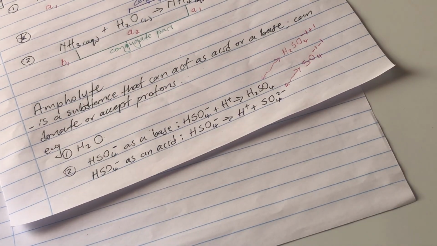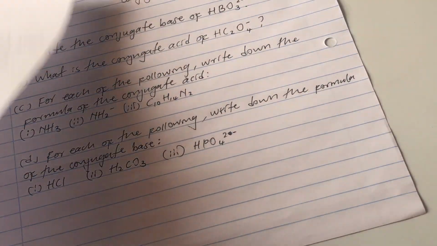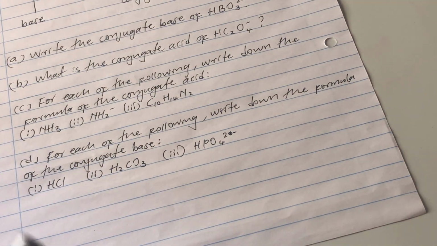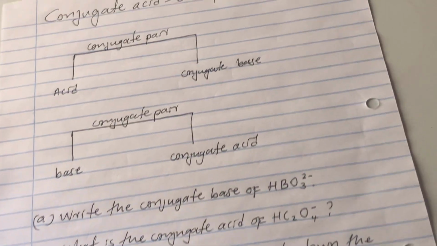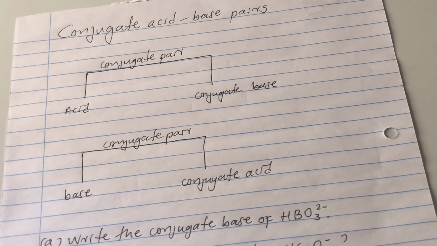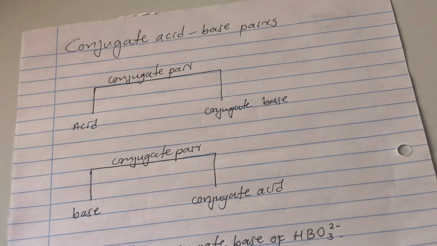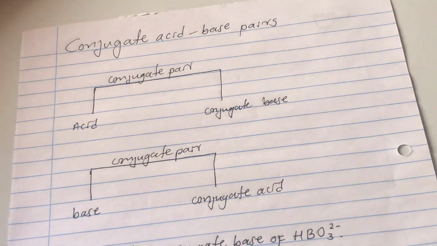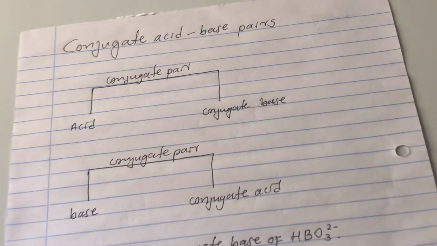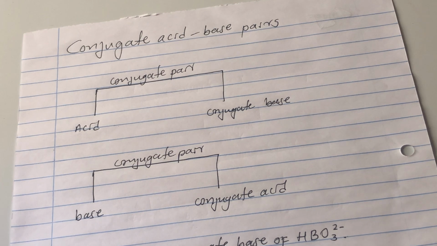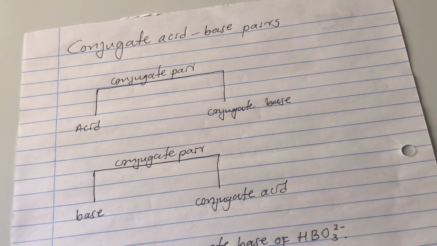I want us to solve some, or to answer some questions. But answering these questions will require us to first look at what I've put on the screen there under conjugate acid-base pairs.